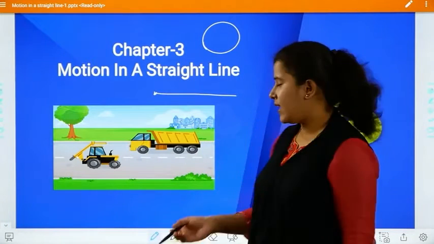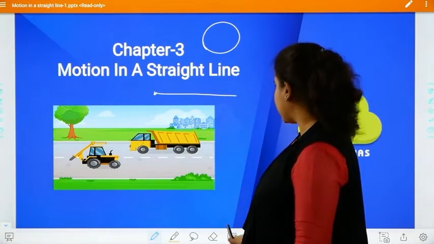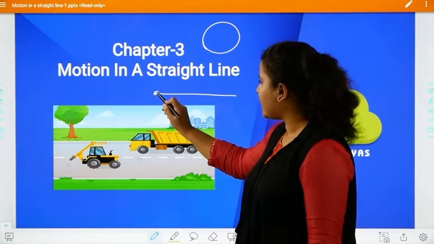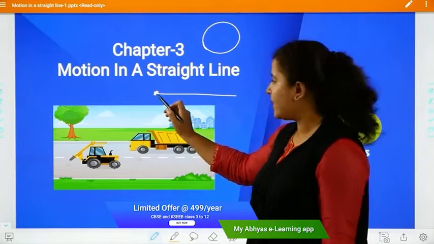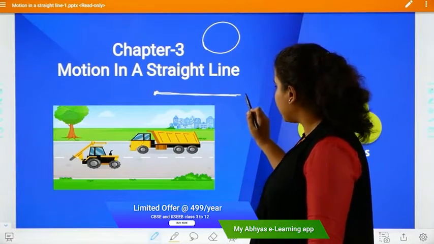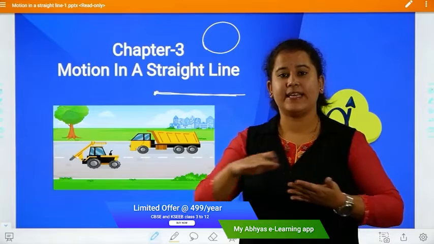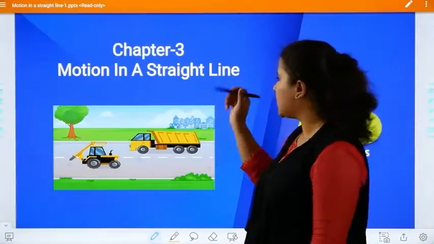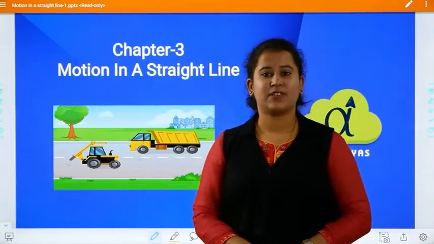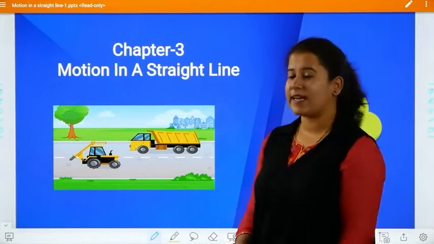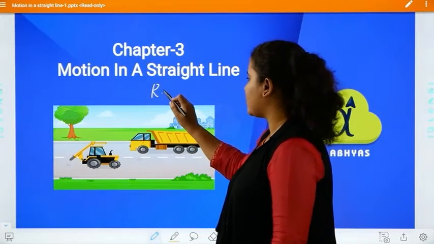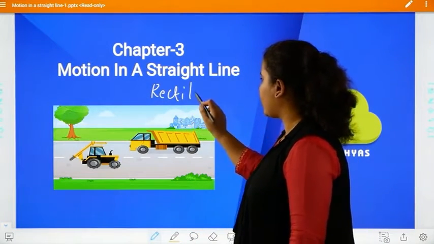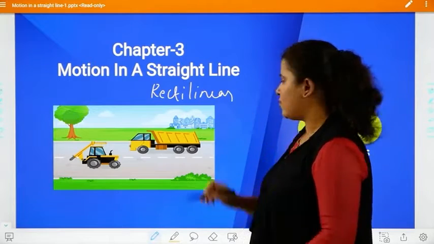A straight line is a line drawn from a point and it is exactly straight, exactly linear. That type of motion we call motion in a straight line, or sometimes rectilinear motion.